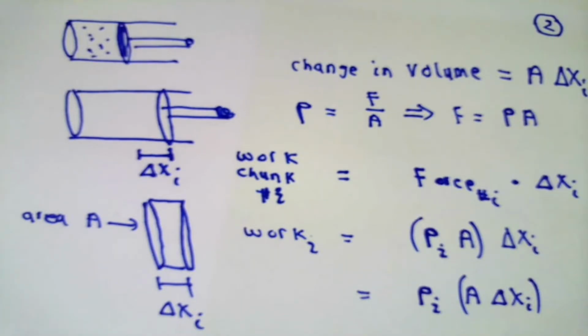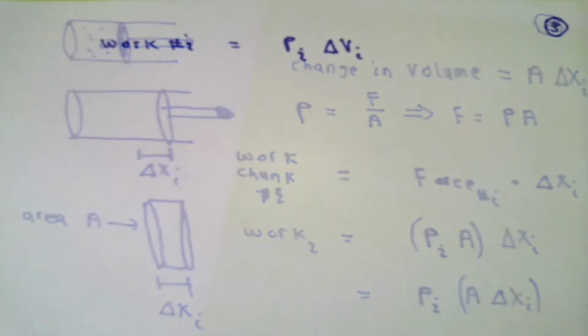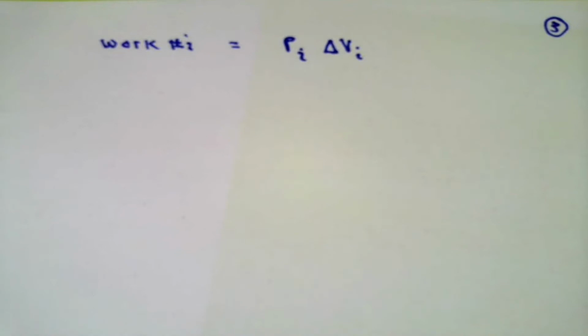But we just said a minute ago that A times the change in x is the amount that the volume changes for this one little chunk of the motion. That is to say, the amount of work done on subinterval number i is the pressure on subinterval number i times the amount of volume that changed during this one particular chunk. At this stage of the game, it'll come as no surprise to anybody what we're going to do.